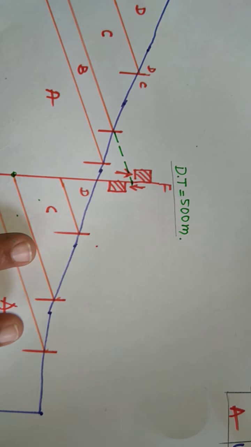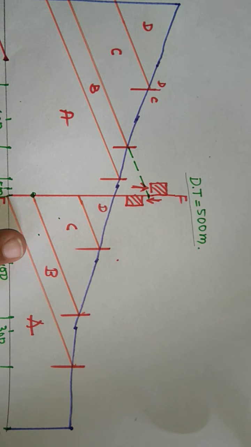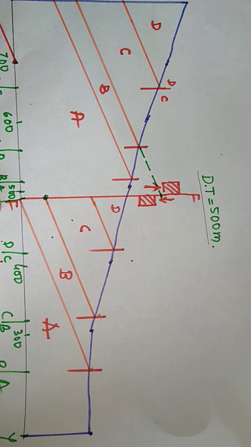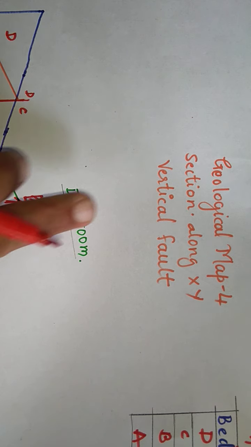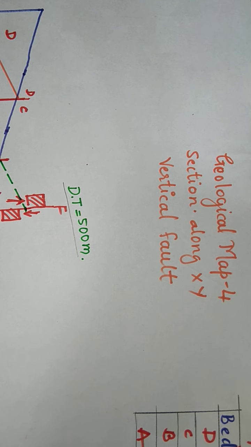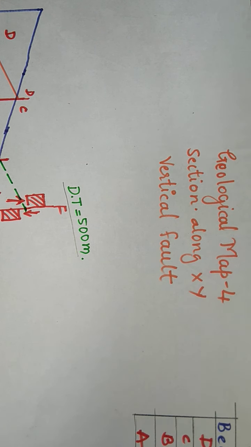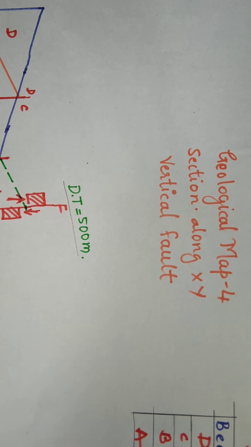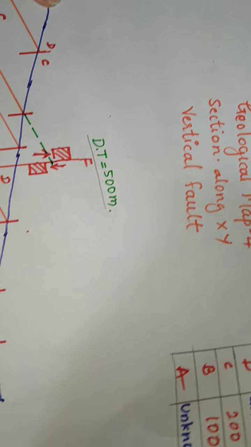So here there is no hanging wall and foot wall. Though the beds are inclined, the fault plane is vertical. So this type of fault is called a vertical fault. So this is the geological map for section along XY and the title of the map is vertical fault.